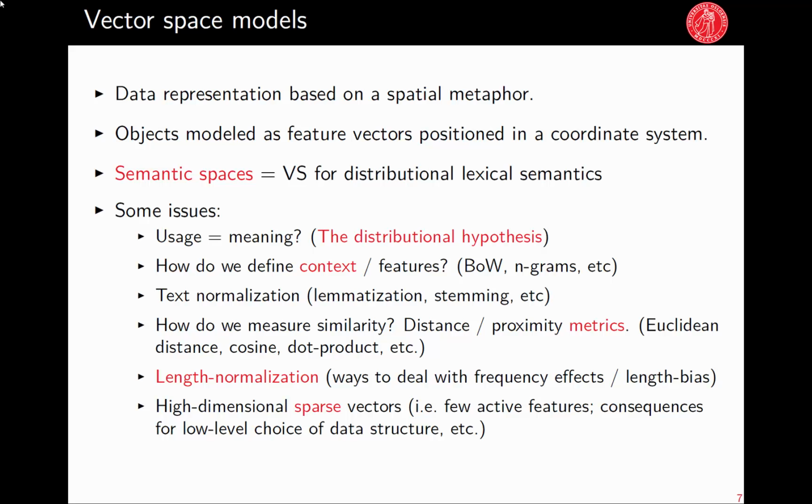We could think of each pixel as corresponding to one dimension in our vector, and we could have the values in the vector reflect the shade or the color in that pixel, for example, and we would have a representation that we could use for image recognition. So it's a very flexible general framework, and we happen to use it for representing word meaning.